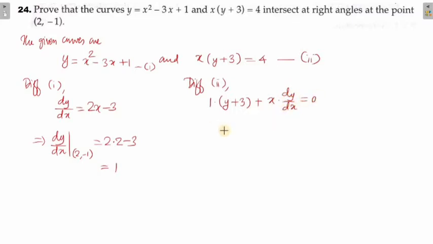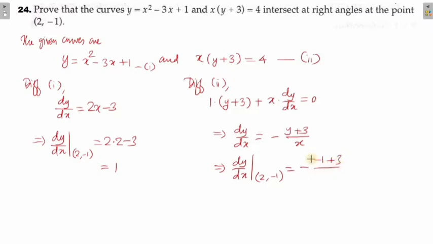So from here your dy by dx is, first bring this out here, so you get minus y plus 3 divided by x. But you need to find dy by dx at the specified point, 2 comma minus 1. So minus y is minus of minus 1 plus 3, divided by x which is 2. So this is how much? Minus 1, because 2 and 2 get cancelled, so you have minus 1 out here, right?